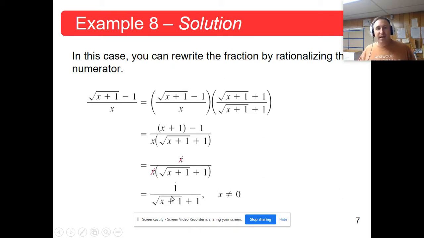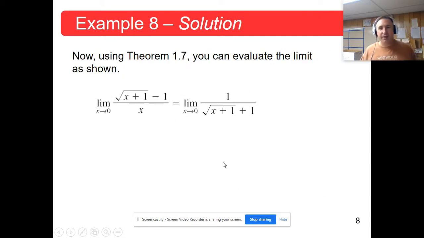And now if I plug in 0, if I take the limit as x approaches 0, in the denominator I have 2. That's okay. This is a half. And if we would have looked at the graph for this original function, we would have seen that it's approaching a half. But it's a lot easier to do that now. Okay? So we rationalized to break up that indeterminate form.